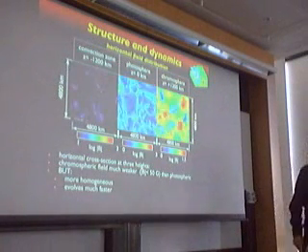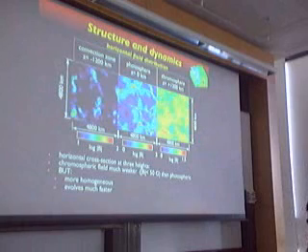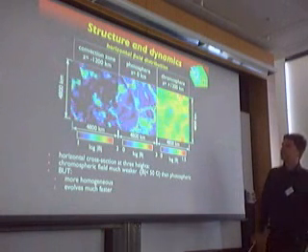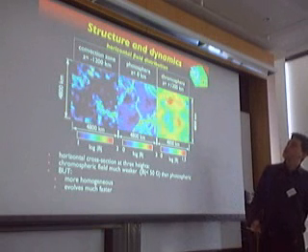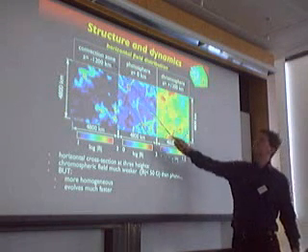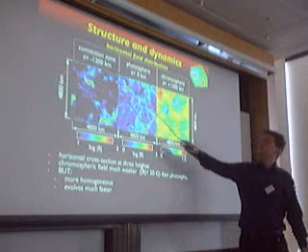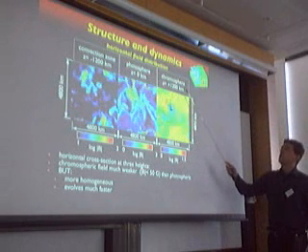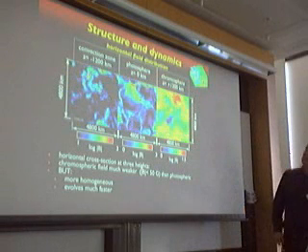So now again you see horizontal cross sections in magnetic field strength, logarithm of it, but at different heights. So here it's really deep down in the convection zone, here at the bottom of the photosphere, and here up in the chromosphere.